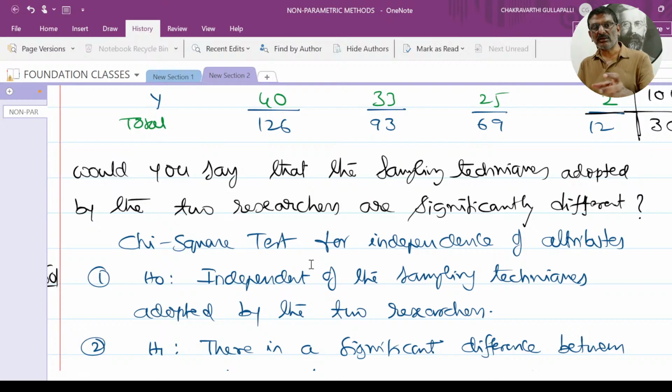For different classifications there are: one is below average, average, above average, genius. So different sampling techniques are used to collect this information. Are these sampling techniques adopted by the researcher X and researcher Y the same or not? Both researchers used the same techniques or different techniques. That is the main requirement.